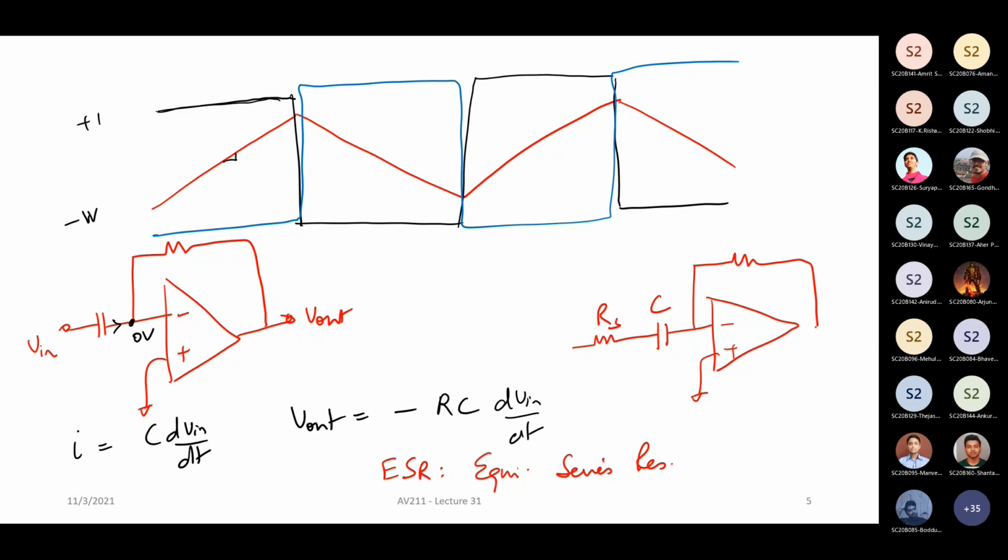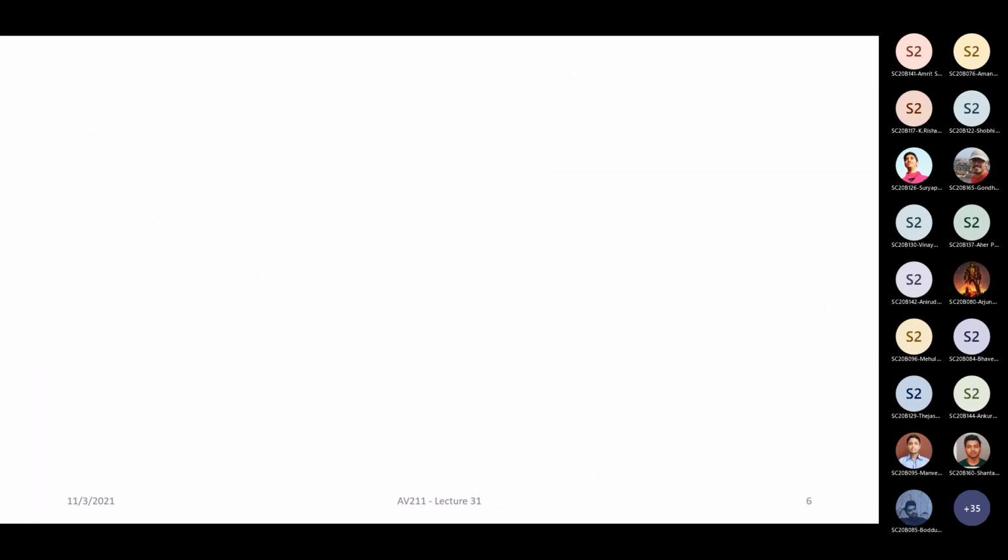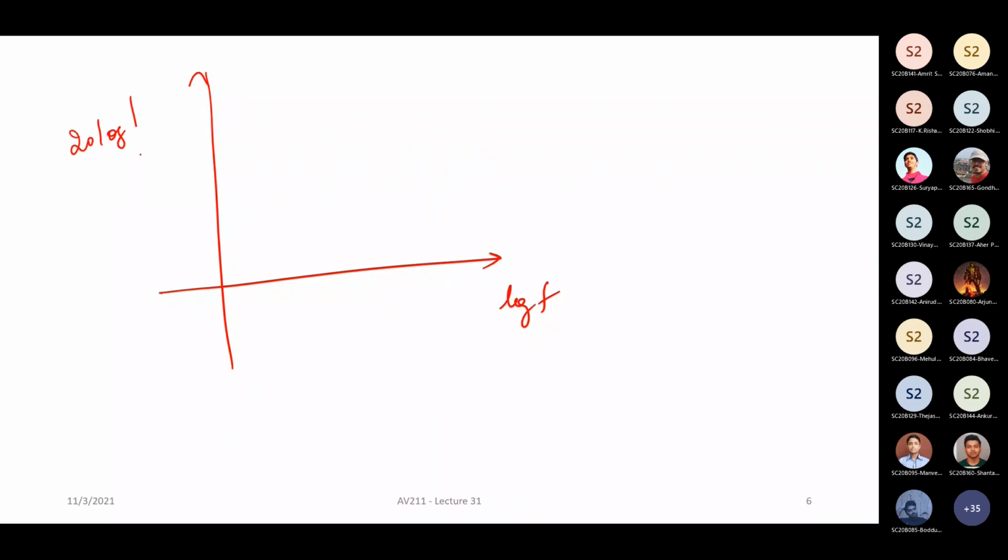And of course, you have a feedback resistance, let's call it RF. Now, if you evaluate this, let's say this is log of f, and this is 20 log of |H(s)|, the differentiator transfer function.